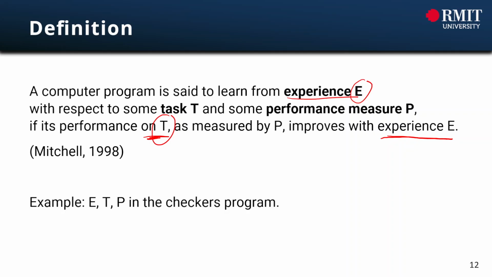But the question is, how can you tell whether it is better or not? Let's say you have two programs that play chess, program A and program B. How can you tell program A is better than program B? Now we need a thing called a performance measure.